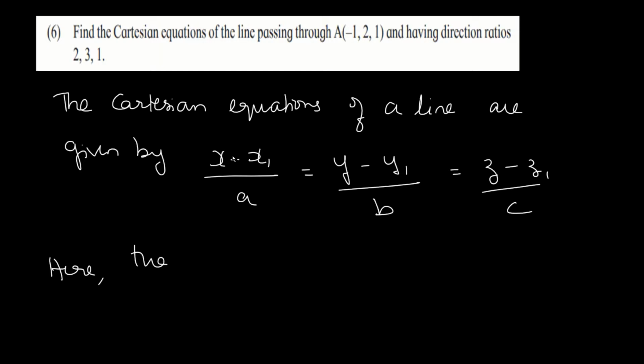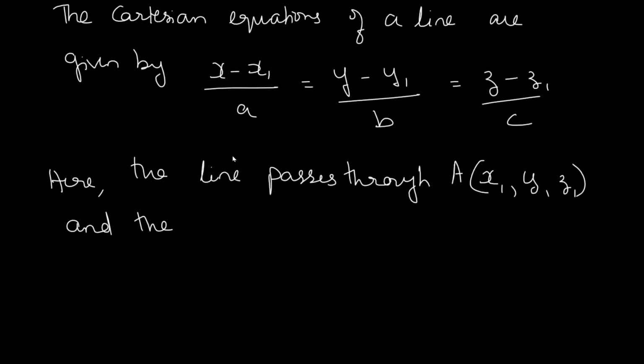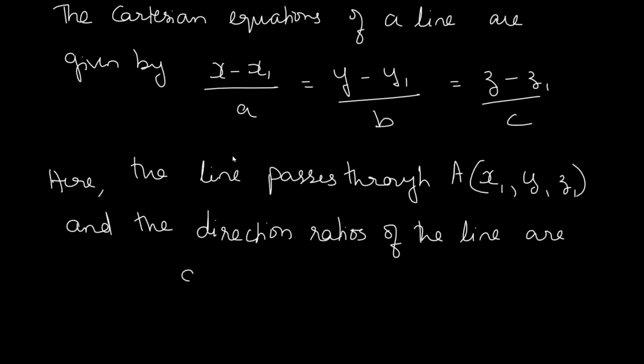Here the line passes through the point A, which has the coordinates x1, y1, z1, and the direction ratios of the line are a, b, c.